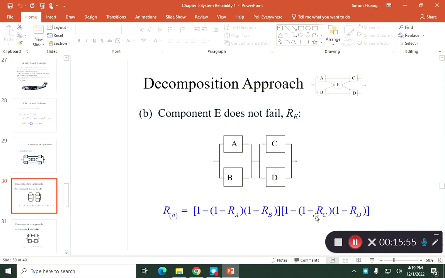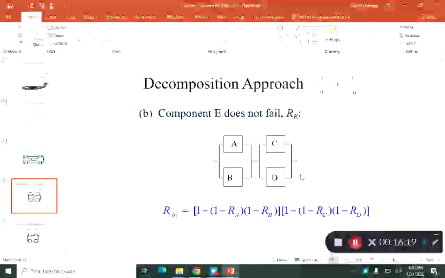And 1 minus the C fails or D fails, this is the second block reliability. And first block and second block are in series, so this is the first block times the second block. That is the system reliability with E guaranteed not to fail. Everybody visualize it? Okay? And there are more complex ones in Wei Guo's book, but this is a simple one.